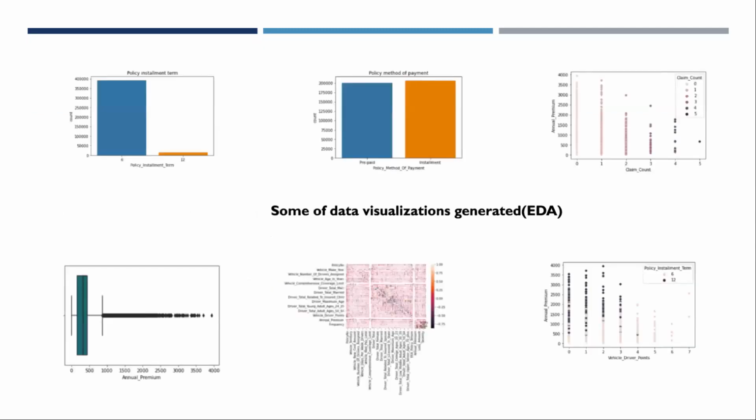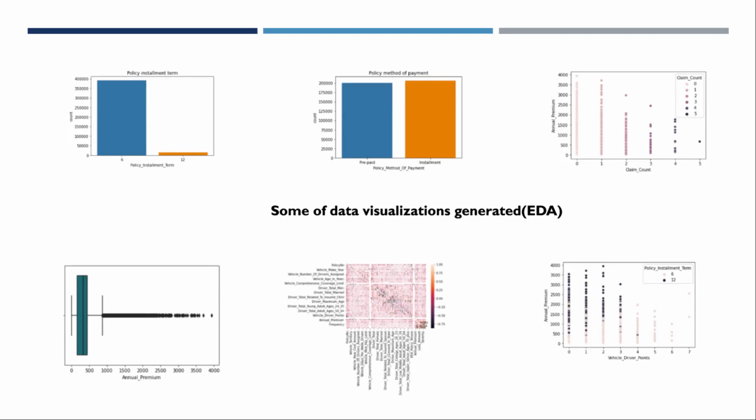So these are some of the data visualizations we generated to get a better understanding about this data. The first screenshot shows a bar chart of how many 6 month plans and how many 12 month tenure insurance policies are there in the training data set. The second one shows how many prepaid and how many installment-wise paid insurance policies there are.